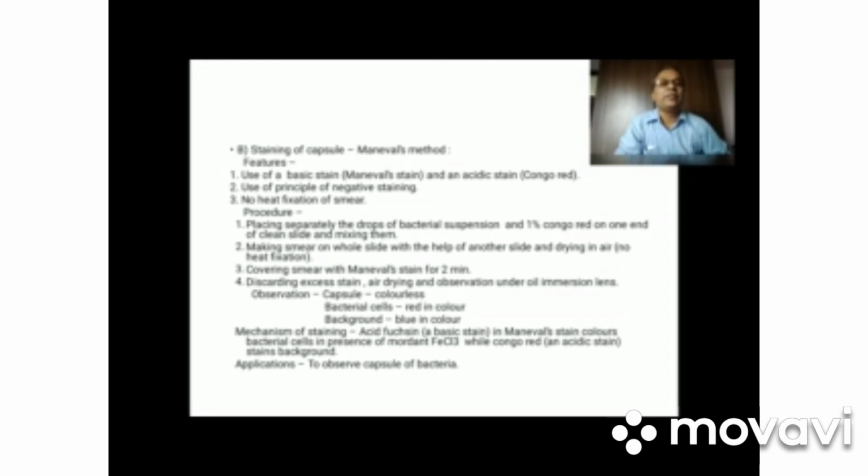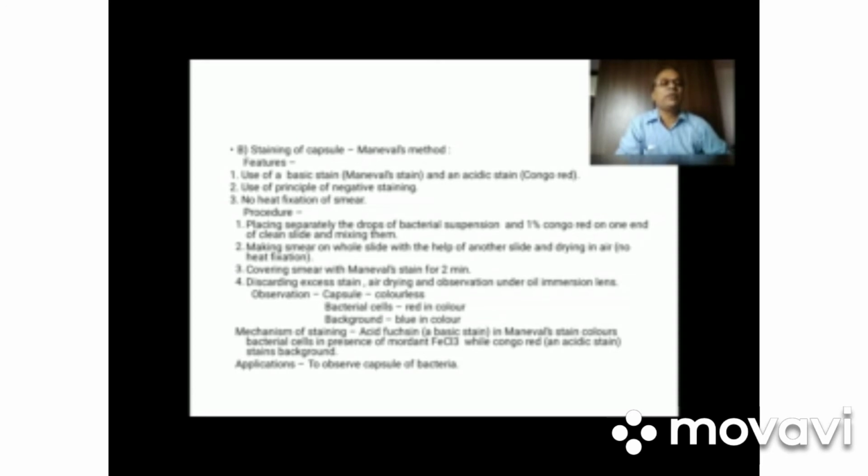For that, you place a drop of bacterial suspension on one end of a clean grease-free slide. Near the drop of bacterial suspension, you place a drop of 1% Congo red. Then both drops are mixed properly, and with the help of another clean slide, you make a smear on the complete slide surface.